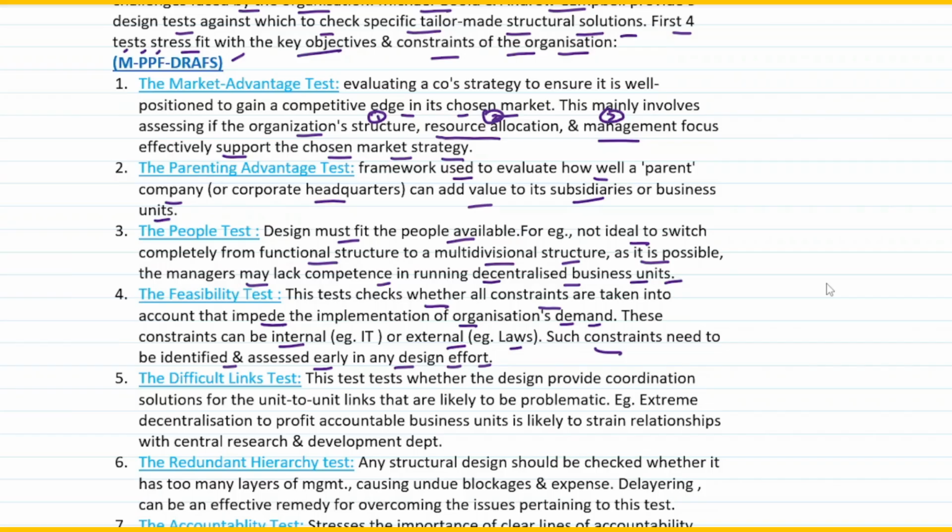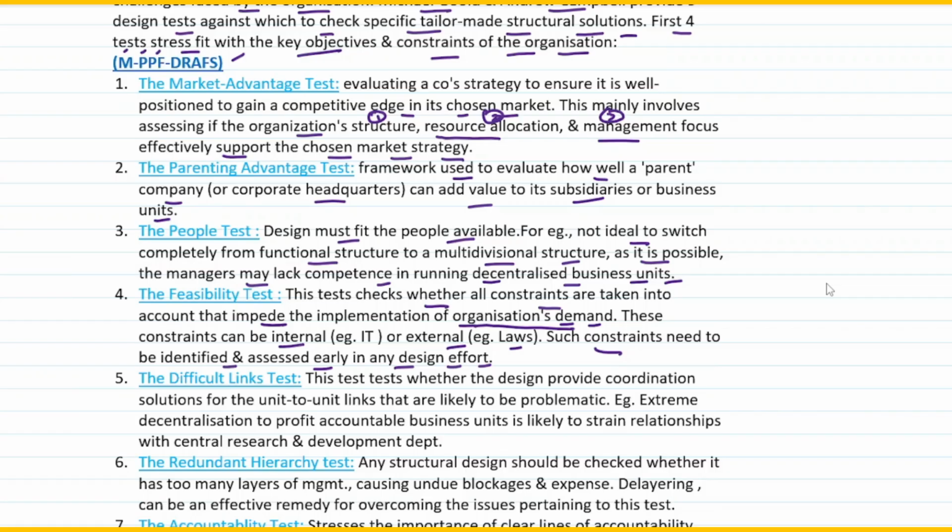So if you don't conduct the feasibility test properly, then that can hinder the implementation of organization demand. Example can be 2 things you remember, one is internal and one is external. Internal can be IT and the external can be laws. If such constraints need to be identified, why? Because that should be able to improve the company's performance, and if it is assessed early, it is good as far as any design effort goes.